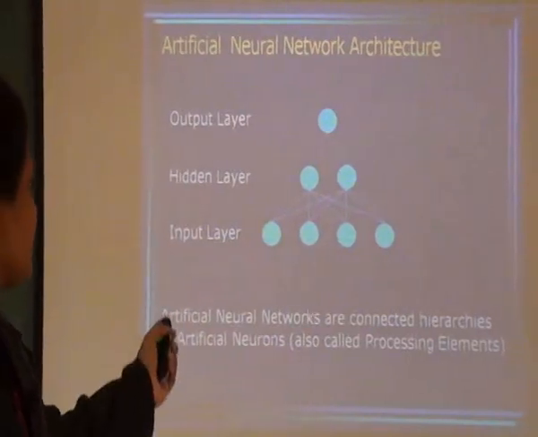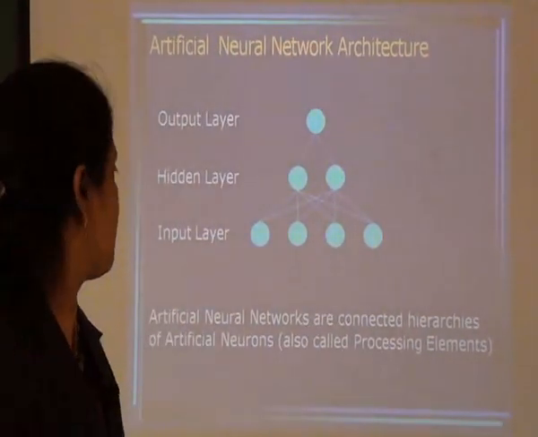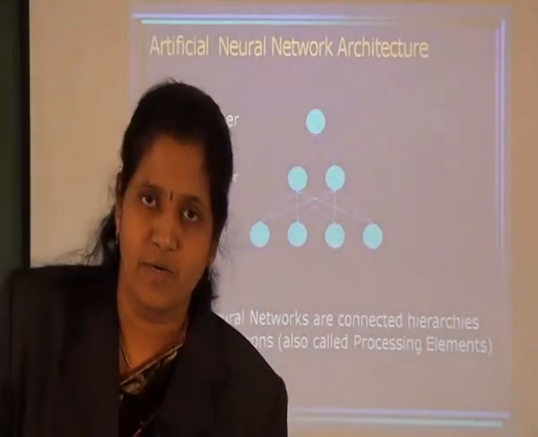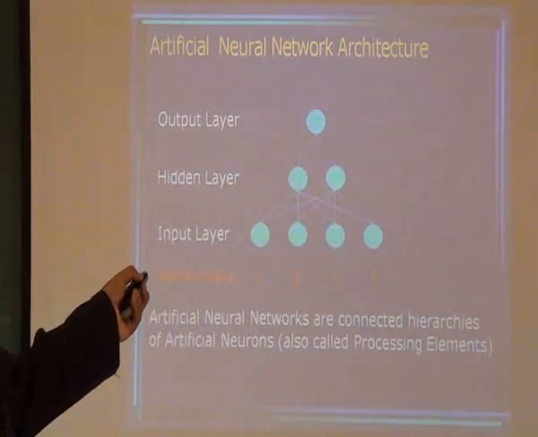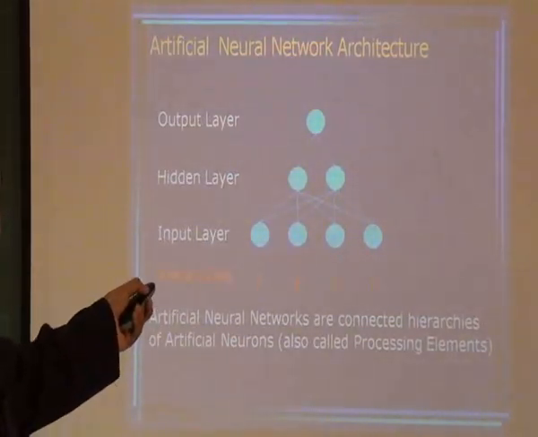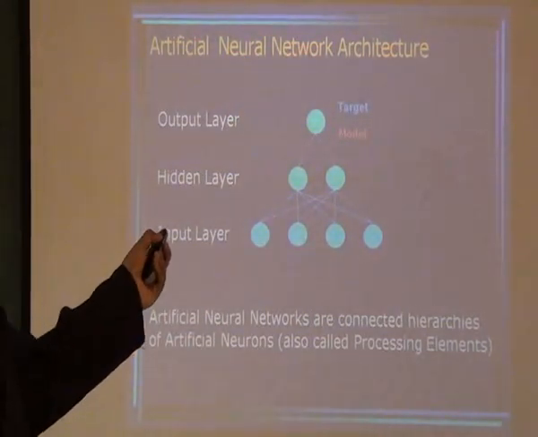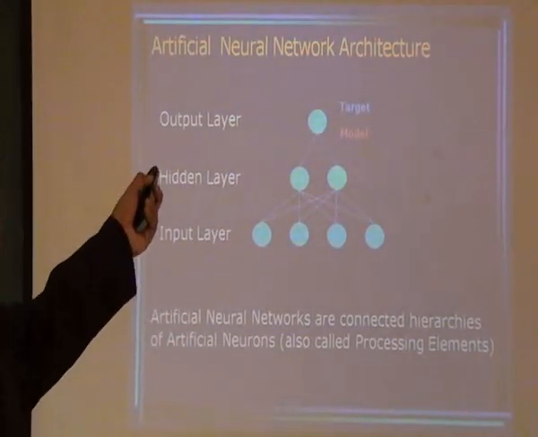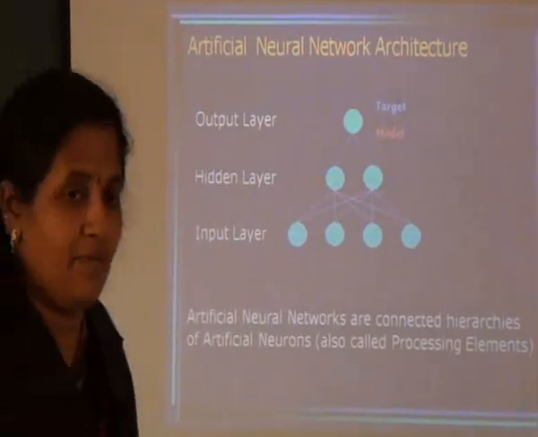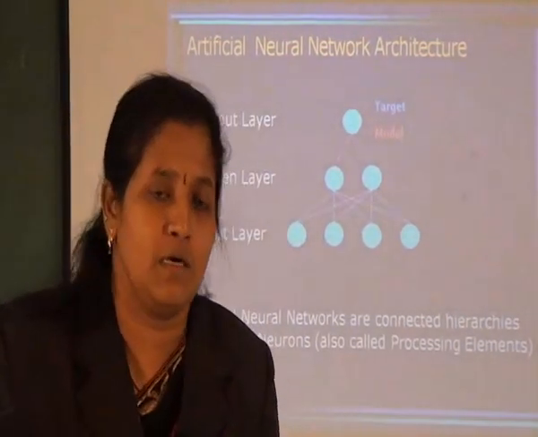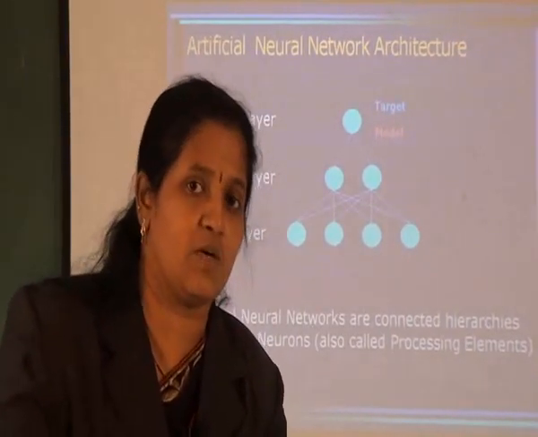So this is an architecture. Generally we call this a feed forward multi-layer perceptron or feed forward neural network. It has one input layer, hidden layer, and output layer. The input is given to the input layer, then goes to the hidden layer, and finally the output layer. For every neural network, there will be one actual output and one desired output.